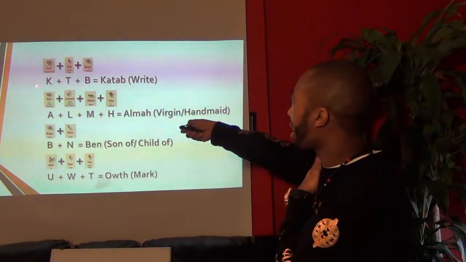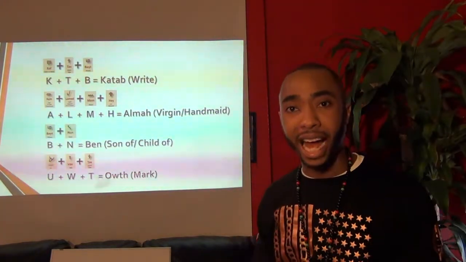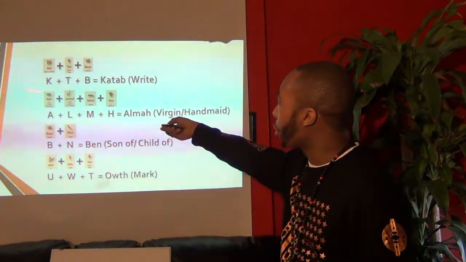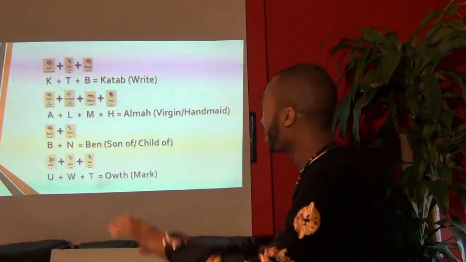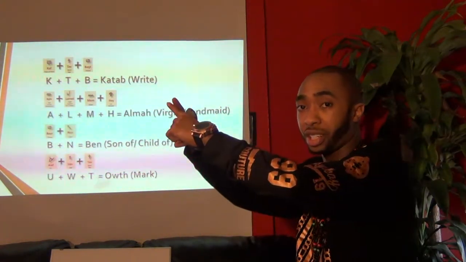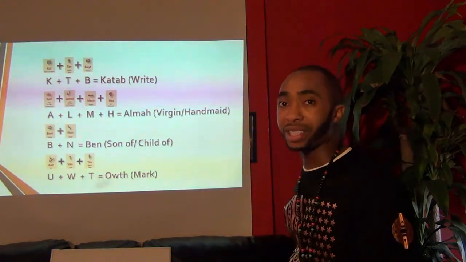The first word, katab, which means to write. Now, how do we know that katab means to write? How do you decipher that? Let me show you. The first letter is the kaf, and the kaf is a symbol of a man's hand. The second symbol is the tav. The tav is a symbol of a cross. Remember, to mark, to sign, or a signature. Then you have the bet, which means the house.